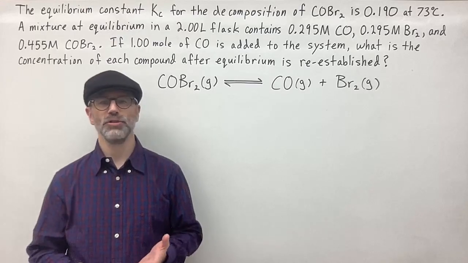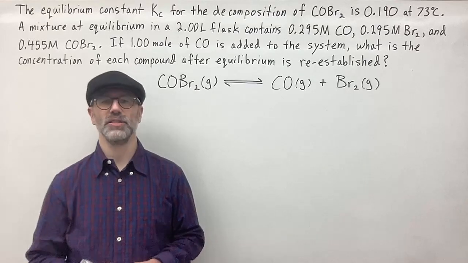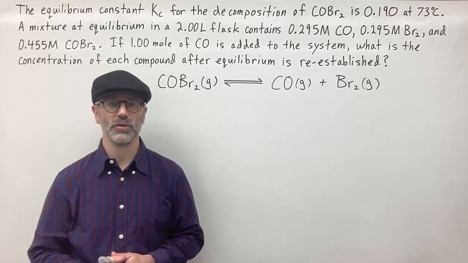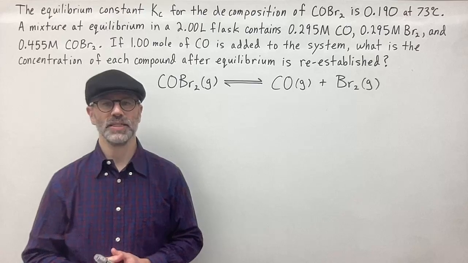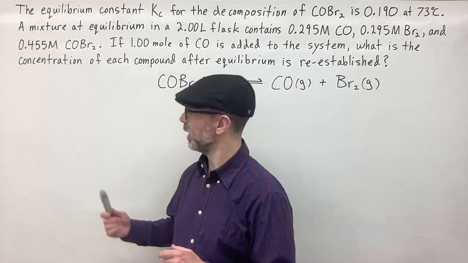If 1.00 moles of CO is added to the system, what is the concentration in each compound after equilibrium is reestablished? And then they gave us the equation right here.